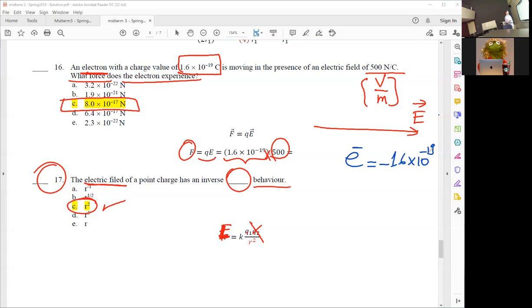What would be the direction of the force? If the electric field is pointing right, will the force be right or will it be left? What do you think? Can you tell me, guys? So it will be opposite. Okay, Mustafa? Yes. Here it will be opposite. Yes, left. Very good.